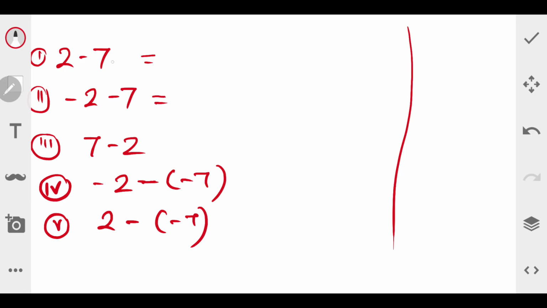First of all, what are we subtracting? We are subtracting 7. Remember, we don't touch the starting number; here the 2 is your starting number. The subtraction sign will become plus. And what's the number that you are subtracting? 7, that's why it will become -7. Again, I'm going to write the sentence so that we can use this as a reference.